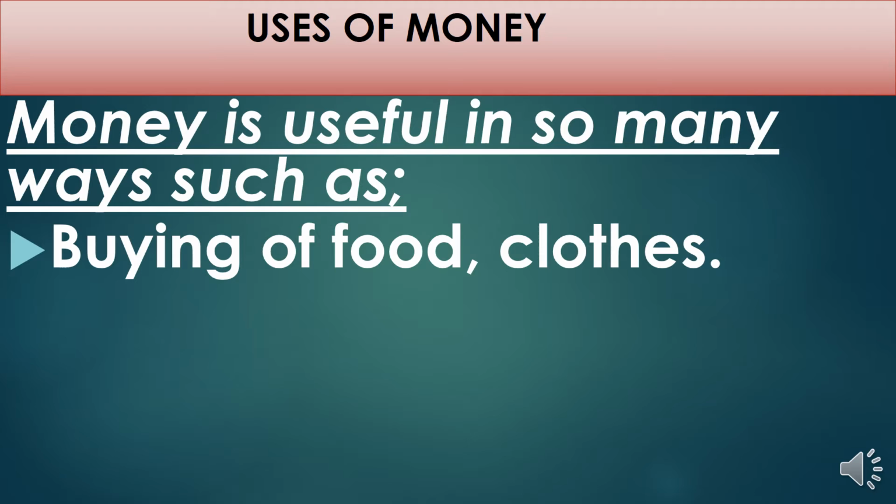The food you ate this morning, which your mom cooked, she bought the ingredients with money. Virtually everything in your house is bought with money. The seat you're sitting on is bought with money.